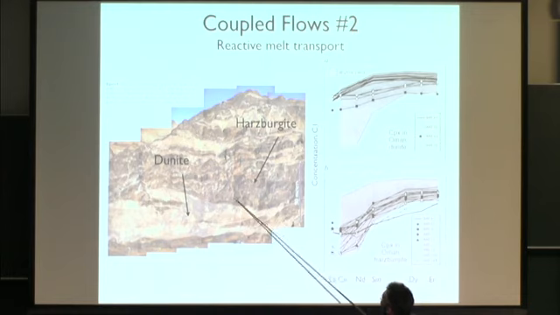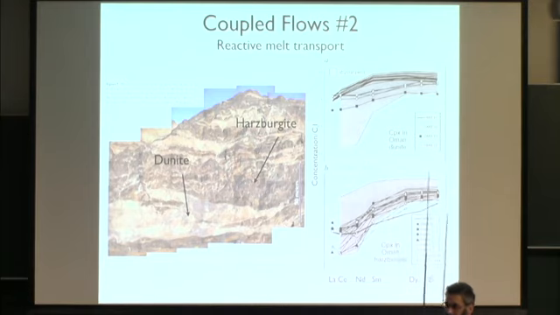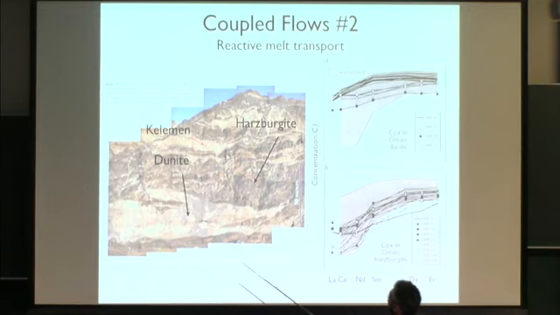The dark bands are harzburgite. They're basically olivine plus orthopyroxene. And these light bands are dunite. The orthopyroxene is gone. That's Kelemen. That's Hirth, I should have added him too. He really pushed a lot of these ideas.